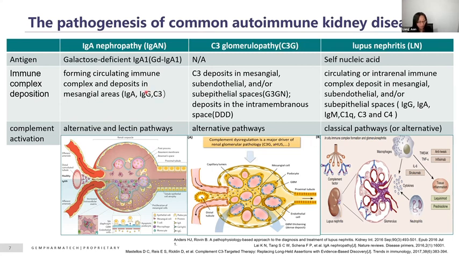The antigen that triggers IgA nephropathy is galactose-deficient IgA. It was recognized as an autoantigen by autoantibodies to form pathological immunocomplexes and activate the complement through the alternative and lectin pathways.